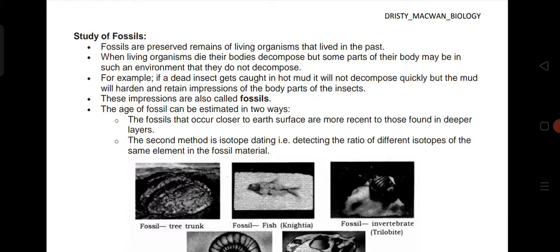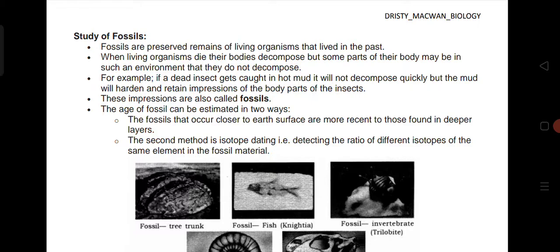So when a particular organism dies, the process of decomposition takes place, but some parts of their body may be in such an environment that they do not decompose. Not the whole body is degraded or decomposed, but a few parts of their body are not decomposed.